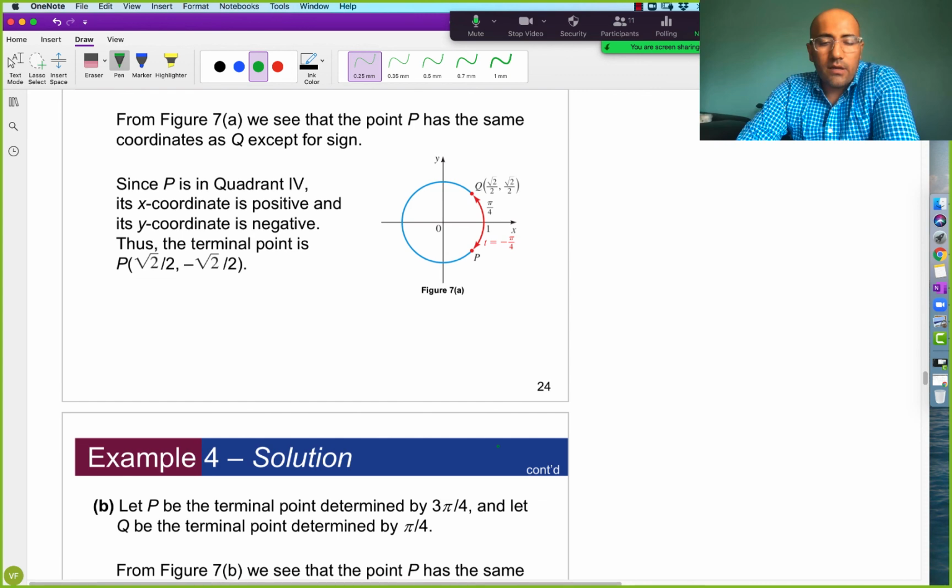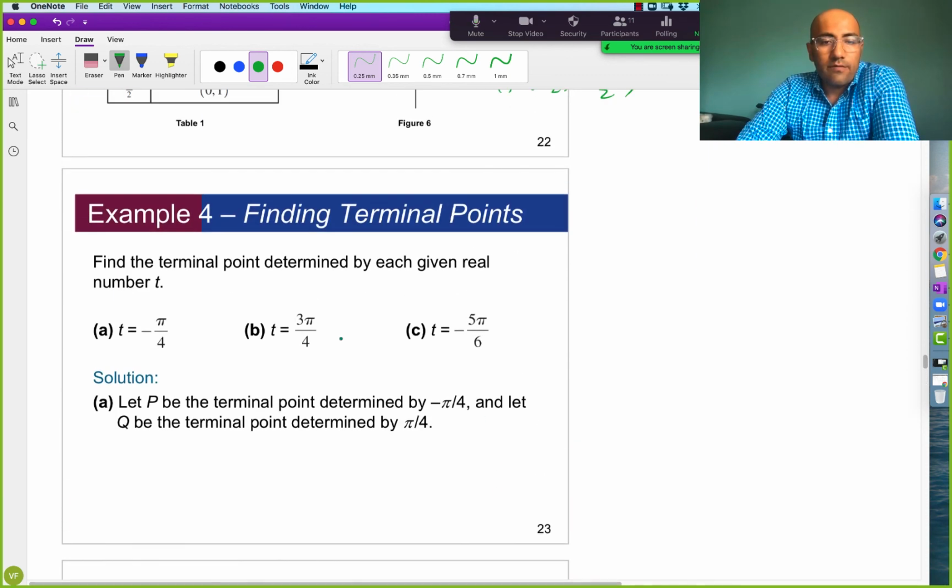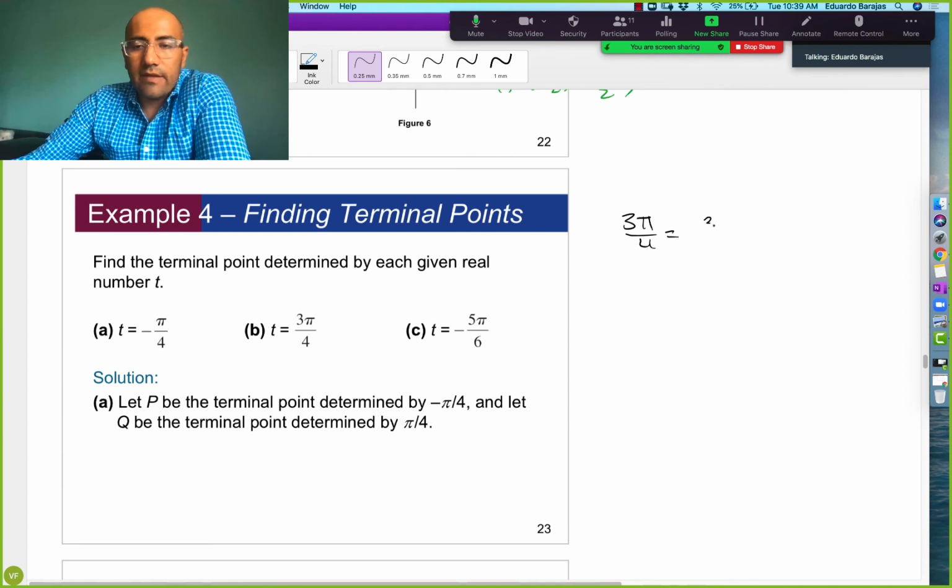Okay, the other one, 3 pi over 4. Figure out this one. Well, that's going to be in quadrant 2. The way I think of it when I see 3 pi over 4 is as 3/4 of a pi, or 0.75 pi. And remember that from here to here is half a pi, 0.5 pi. From here all the way out to here is 1 pi.